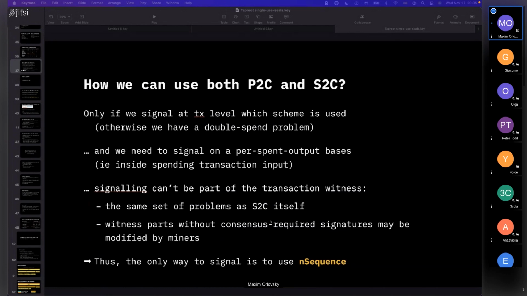Or you can have a script path spend. You can define multiple scripts, up to 2 to the power of 128, so billions and billions of scripts constructed into a Merkle tree. When you spend using a script path spend, you specify a Merkle tree path to the specific script that you will be using, which will be satisfied with the transaction input witness.